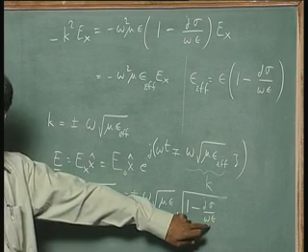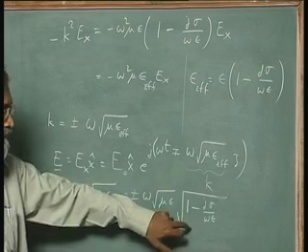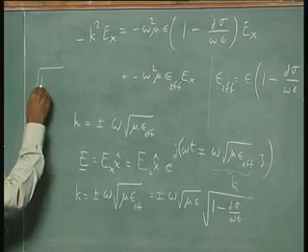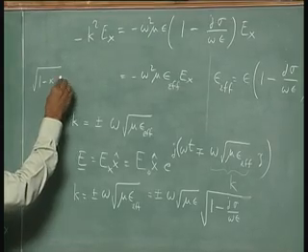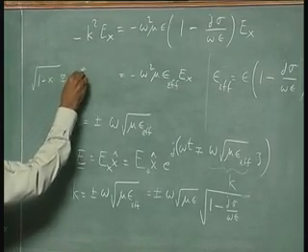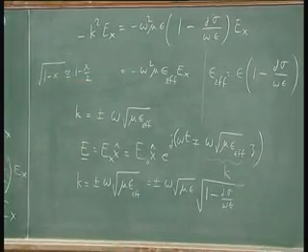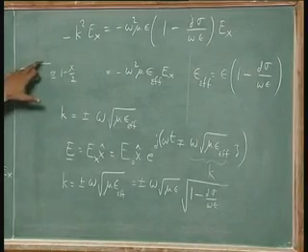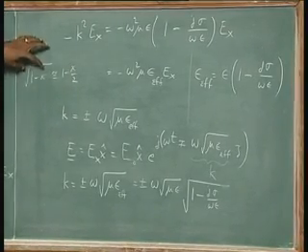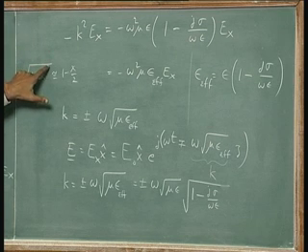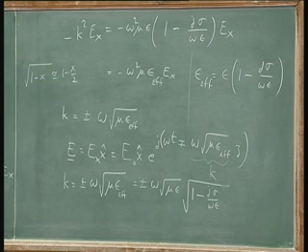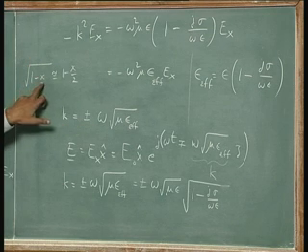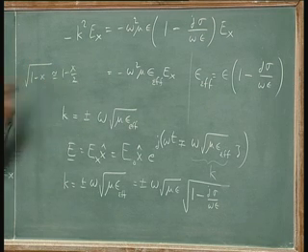If this is very small, I can do a binomial expansion. Square root of 1 minus x is equal to approximately 1 minus x over 2. That is, it is 1 minus x times the power of the radical. In this case, square root is power half. So, half comes out. There are other terms to this binomial expansion, but we are assuming x is so small, only the first term is important.